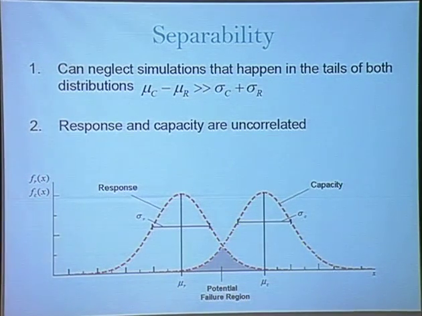So in this case, it's borderline. That is, the distance between the means is just slightly higher than the sum of the standard deviations.